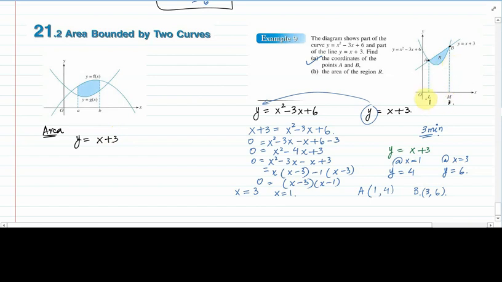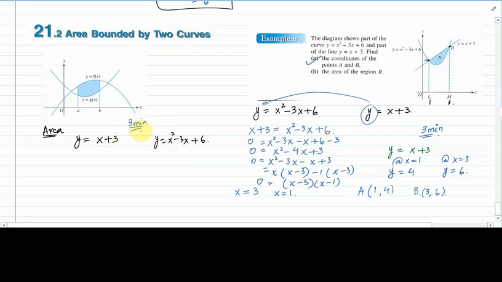So we have the limits from 1 to 3, right? That is the equation of line. And for the equation of curve we have y equals x square minus 3x plus 6. So firstly you need to find the area under the line and the curve, and for this part you have a time of 3 minutes to find the integration of these two equations, and then I will tell you the right answer.